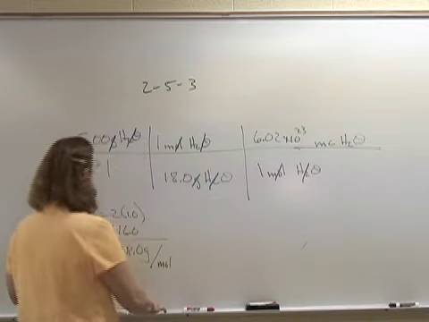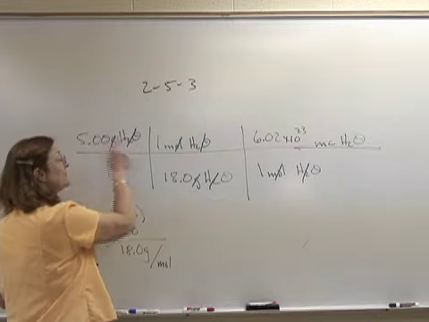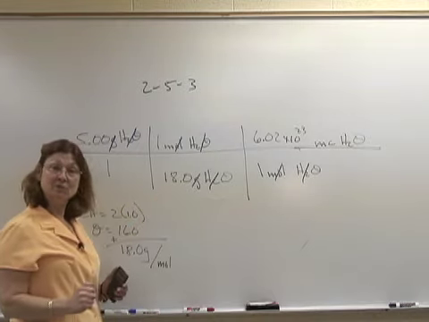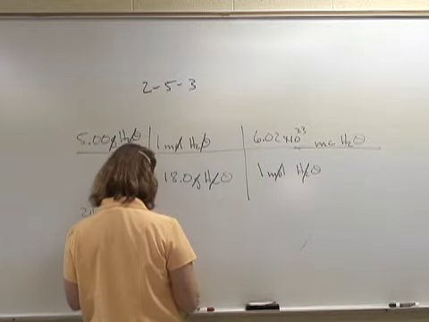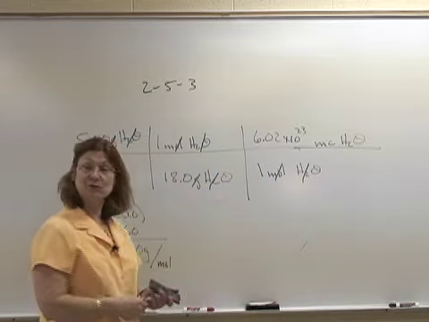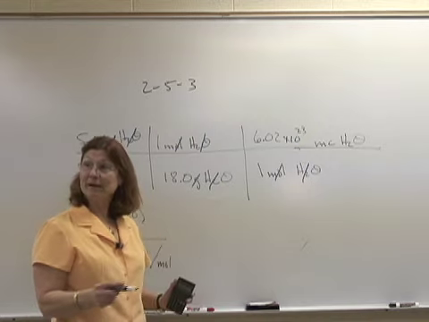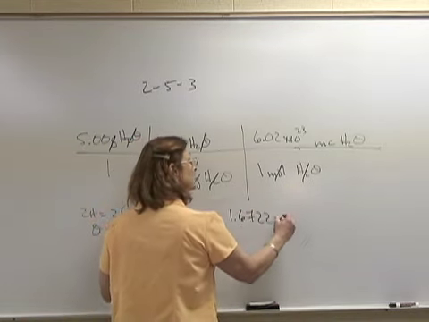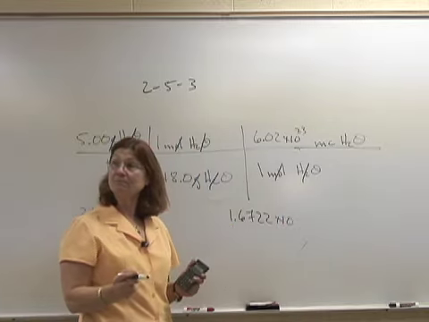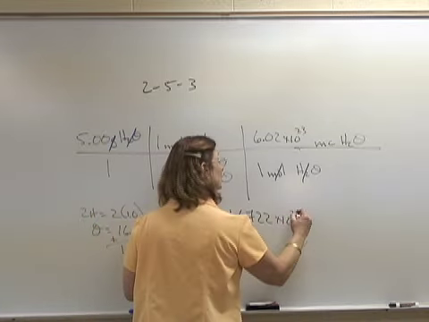Now let's do the math. 5 divided by 18 times 6.02 times 10 to the 23rd molecules equals. And my number comes out to be 1.6722 times 10 to the 23rd.